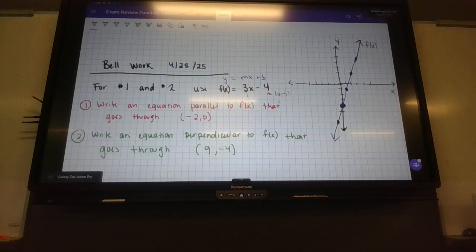So I'm going to use point slope form, which is y minus y1 equals m times x minus x1. This form is often associated with parallel and perpendicular lines. So the slope I'm going to use is the parallel slope. Parallel lines have the same slope.